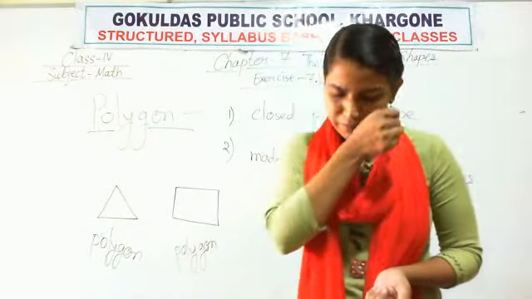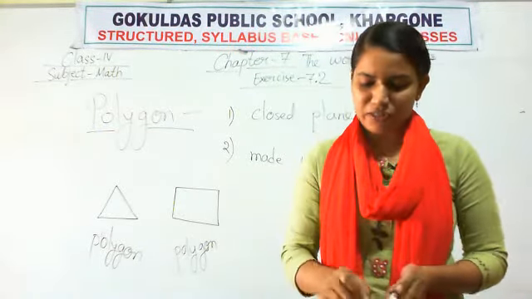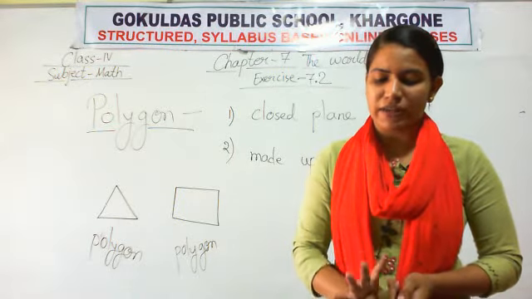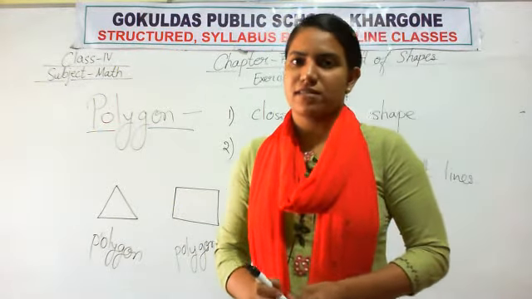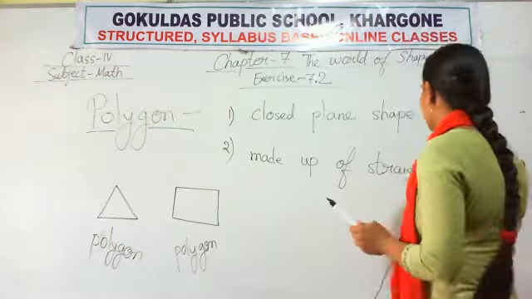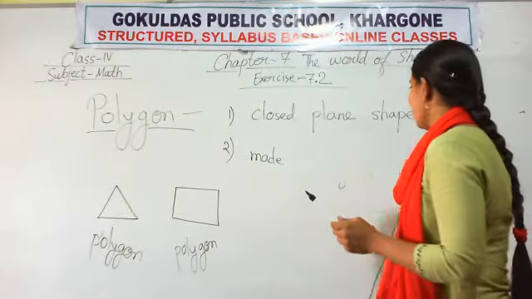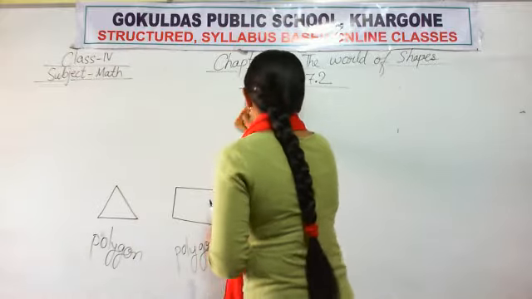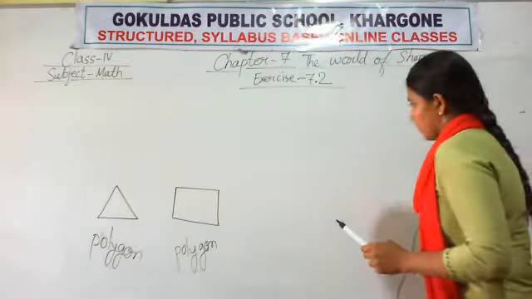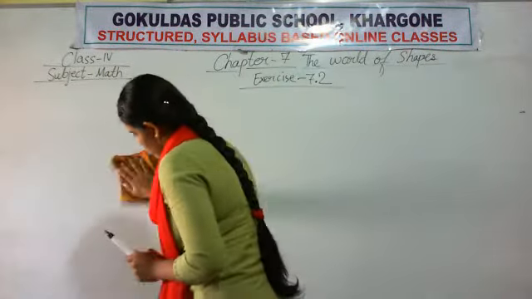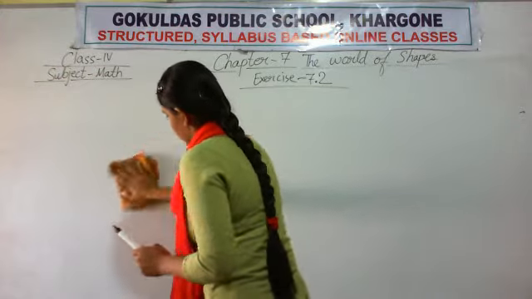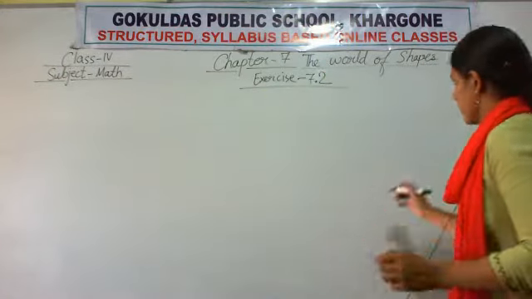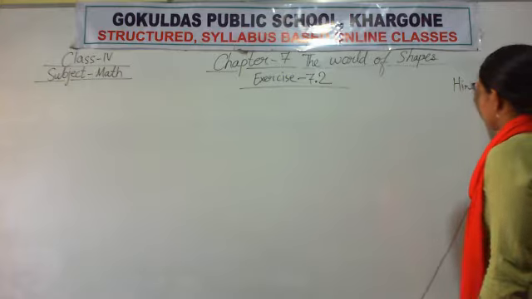Now read question number 3. Question number 3 is: draw 4 polygons with different number of sides. For hint purpose here I am writing what a polygon is.